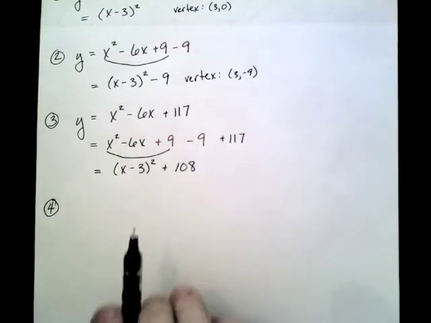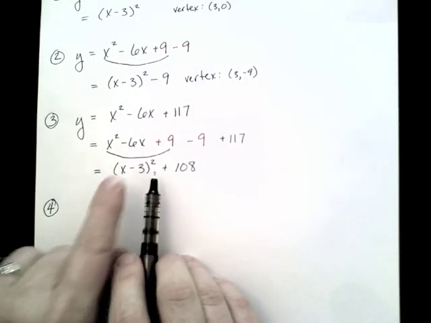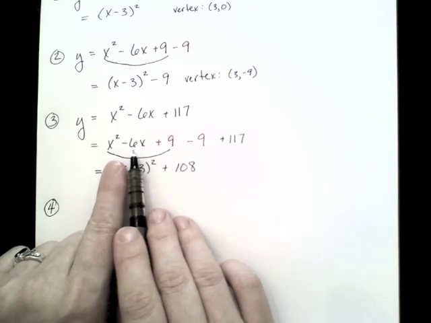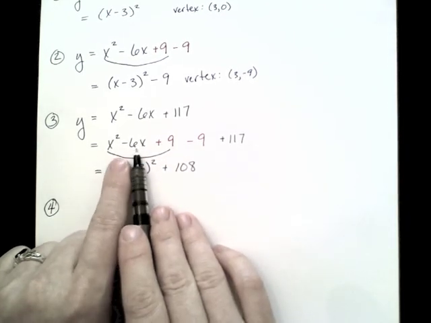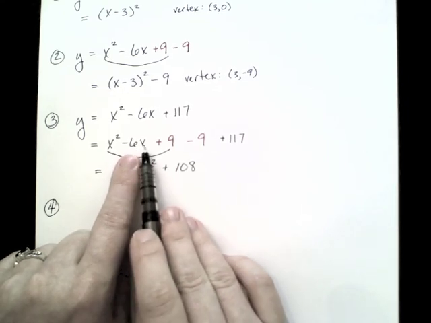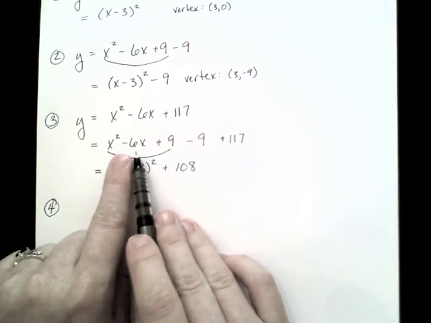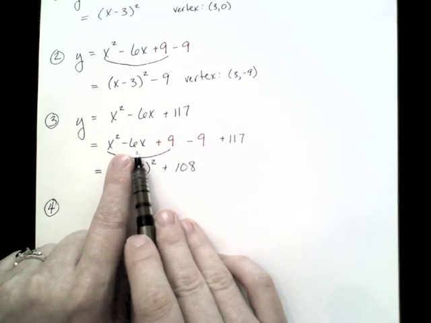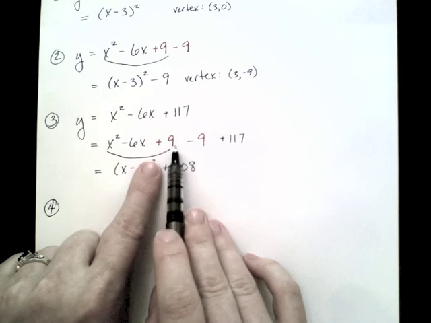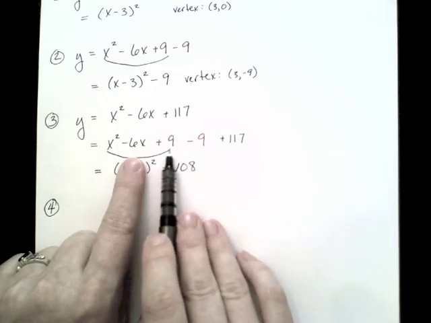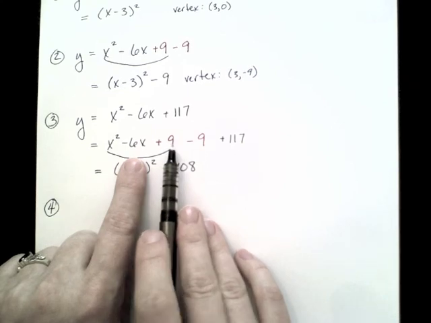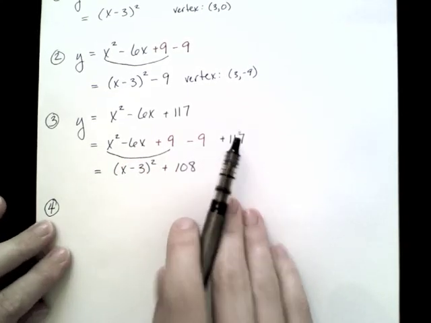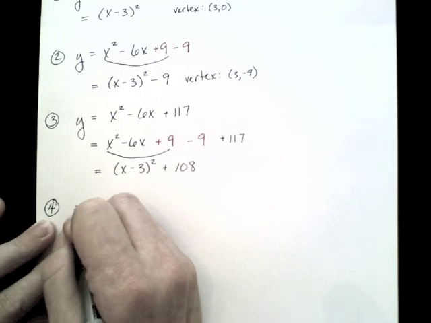Remember from the completing the square for circles, in order to find this number, you always want to look at the coefficient of x, which is negative 6, take half of that, which is negative 3, and square it to get positive 9. That's how I know what number needs to be added in order to complete my perfect square.